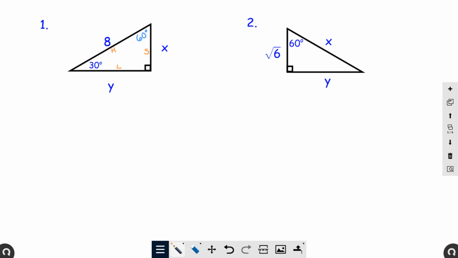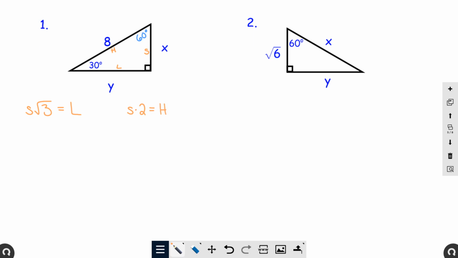So across from the shortest angle is the shortest side, and our hypotenuse is the longest side of the whole triangle. All right, let's write down those formulas. Short leg times the square root of 3 is the long leg, and short leg multiply it by 2 is your hypotenuse. Don't worry, I will sing them with every problem.